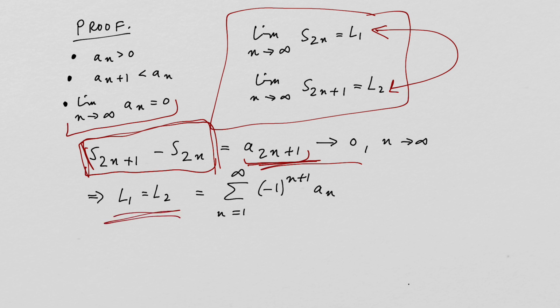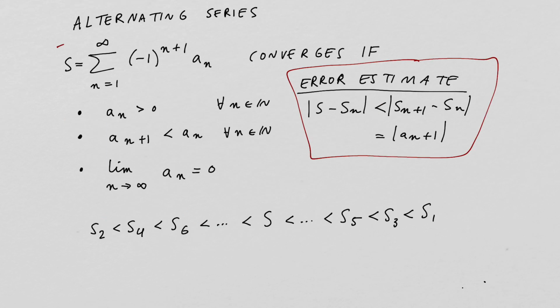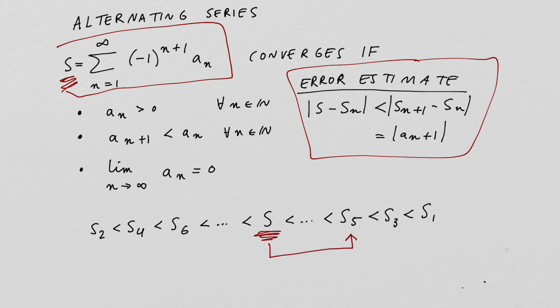The partial sums have a limit, and the limit is the sum of the series. So our alternating series will have a sum s, and the sum s will be in the middle of these inequalities. Now we can see that the distance from s to a partial sum is less than the difference between the odd partial sum and the even partial sum.